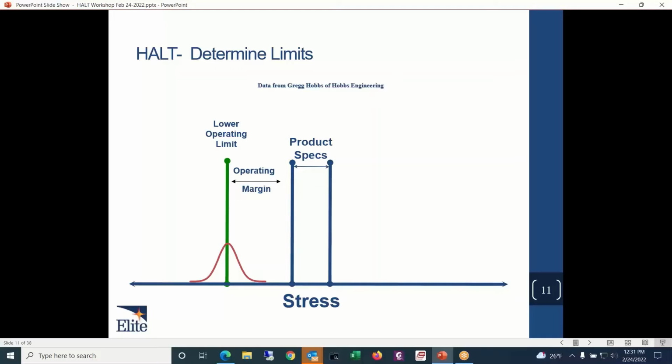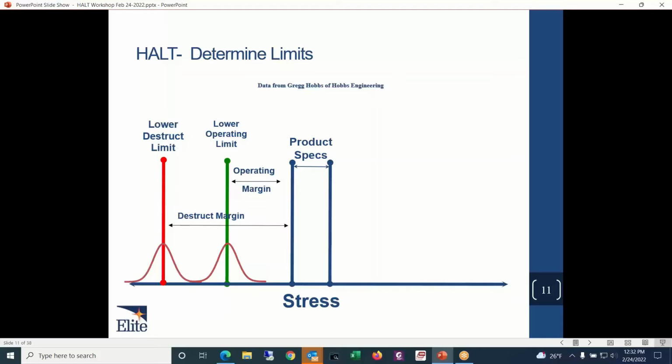We would increase the temperature to see when and if the product recovers. If it recovers, then as we go lower in temperature again, that problem manifests itself again. Then we would identify that as the lower operating limit.